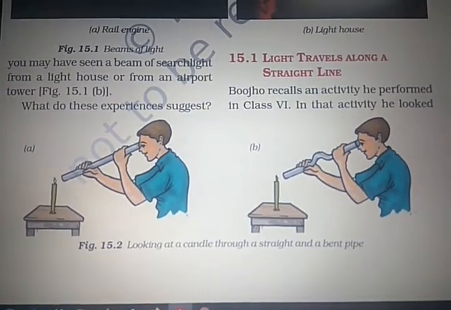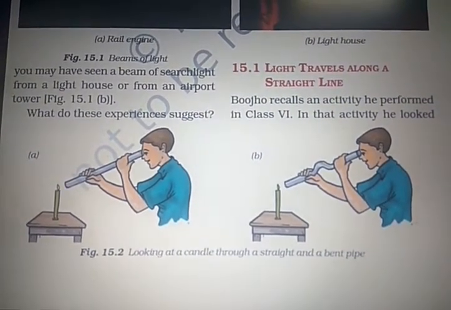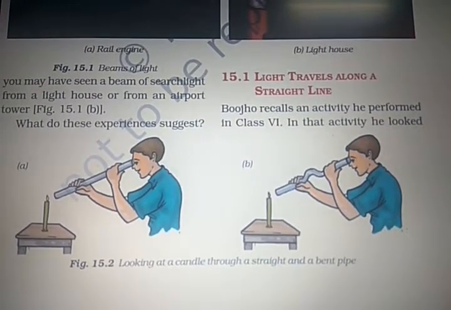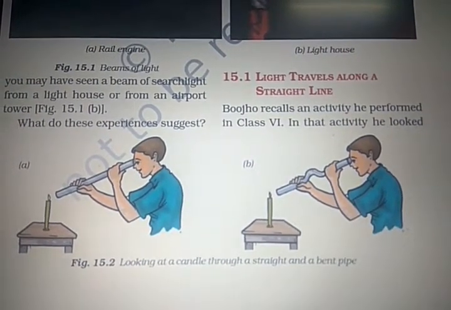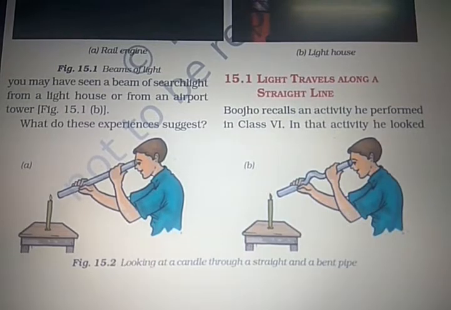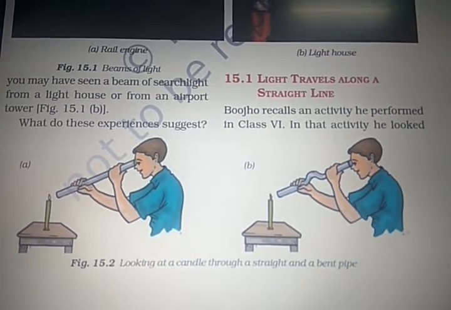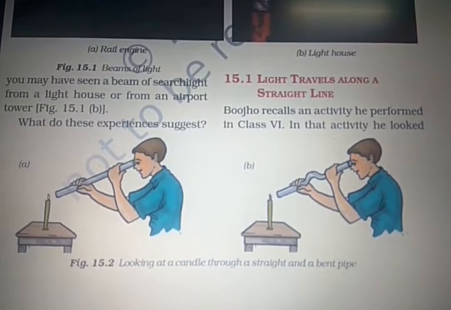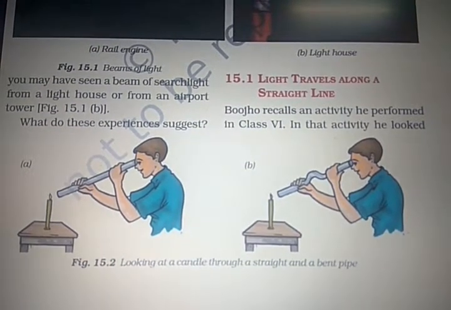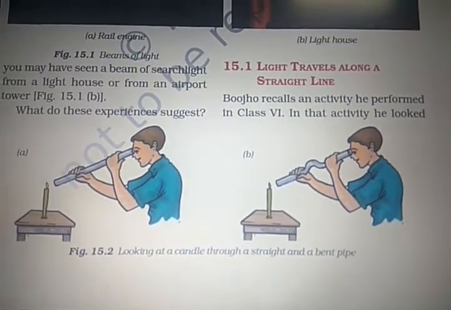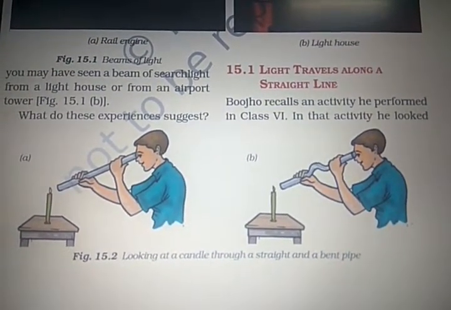Okay students, just now we have seen the activity. In that, it is proved that they took one long pipe and could see the image of the candle. Now they took a bent pipe.